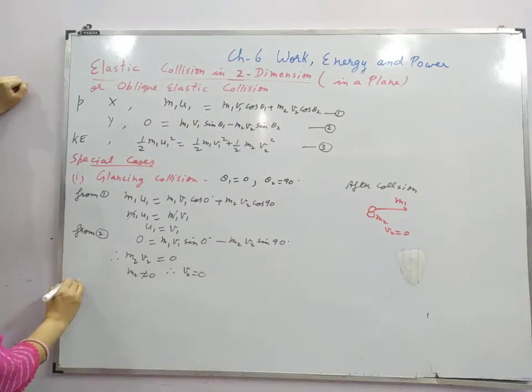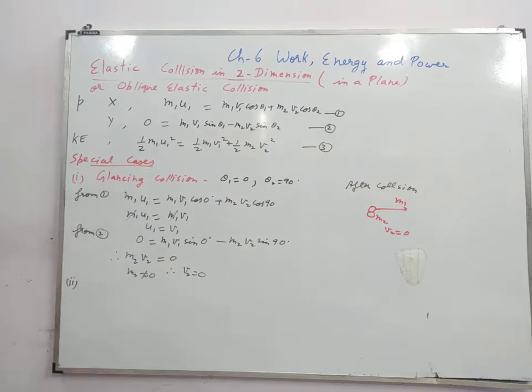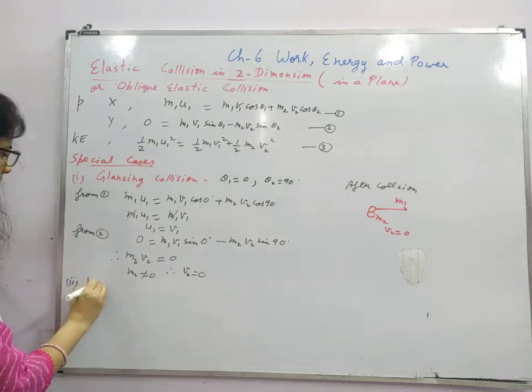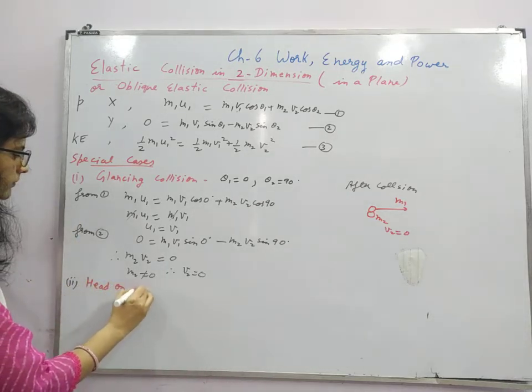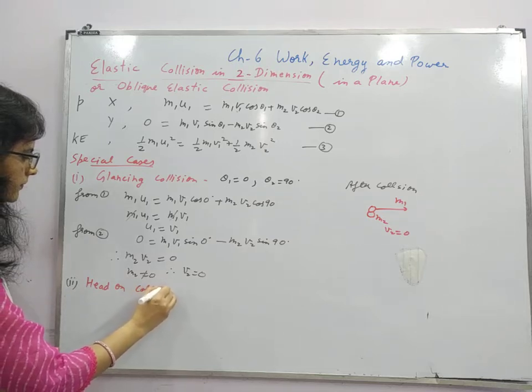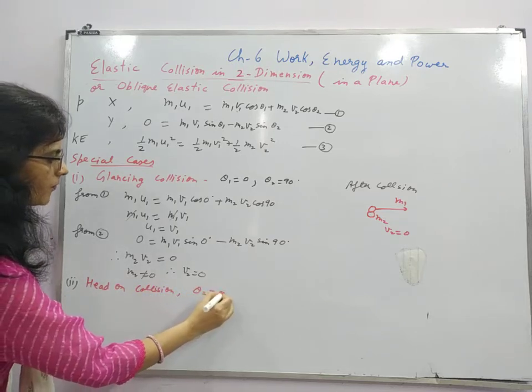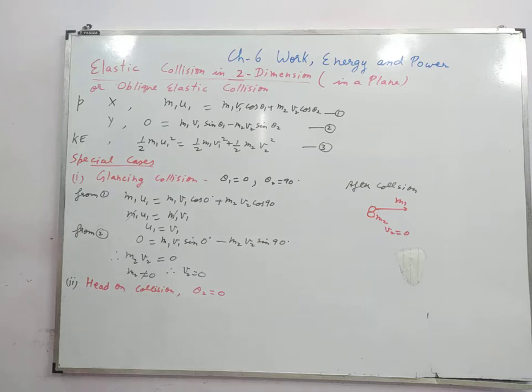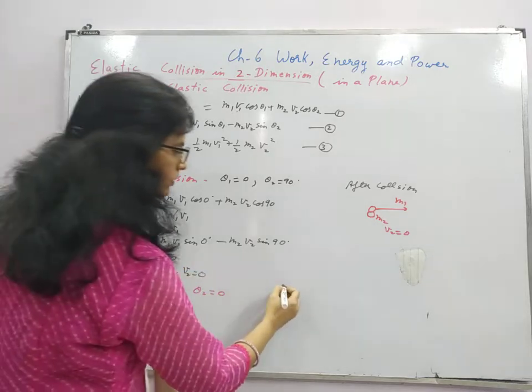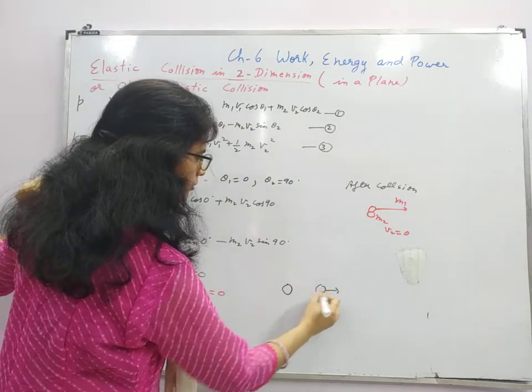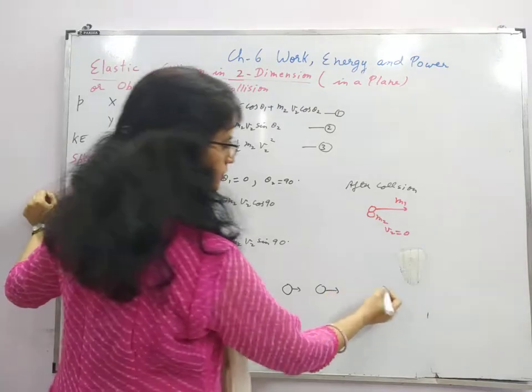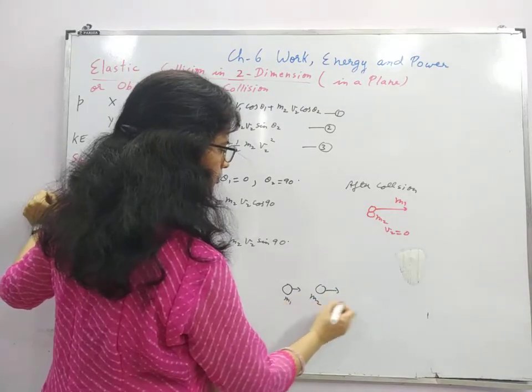And the second case is head-on collision. Head-on collision means theta 2 is 0. So that means if these were the particles before collision, this is m1, this is m2.